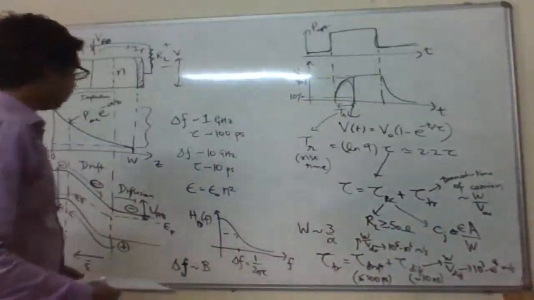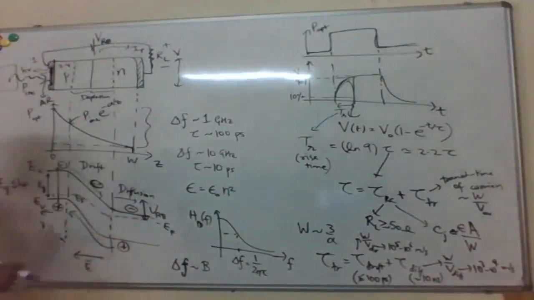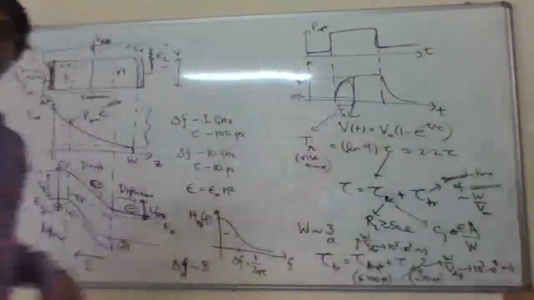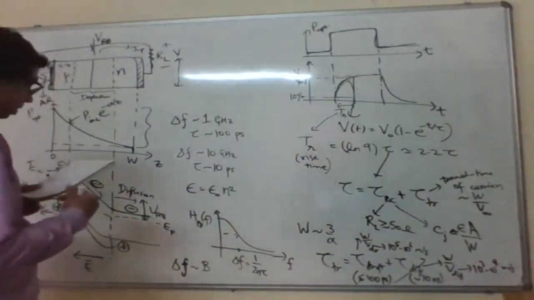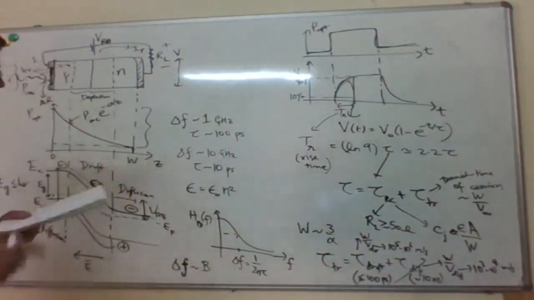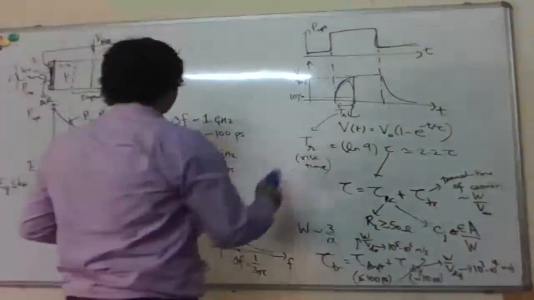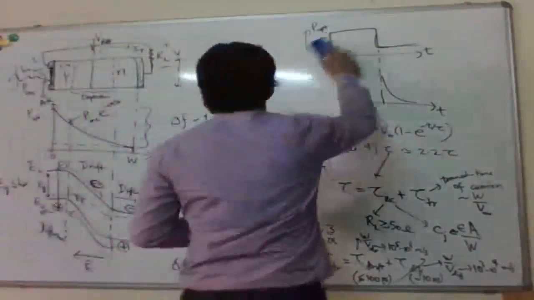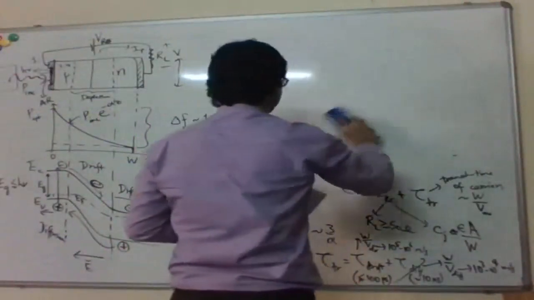Okay, so typically what is done is this region is made almost to the width of the device. We'll see how that's done to eliminate this diffusion component. Okay, so the specific modification that is done to have only drift contributing to your detection is to introduce an intrinsic region between the P and N regions.